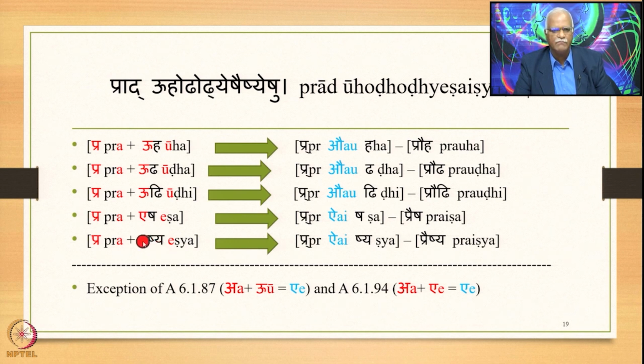So in these 5 cases, 6187 and 6194 do not apply, they are cancelled, and 6189 applies, and vriddhi is the substitute that is stated by this particular vartika statement, prat uhodhodhe shaishyeshu.